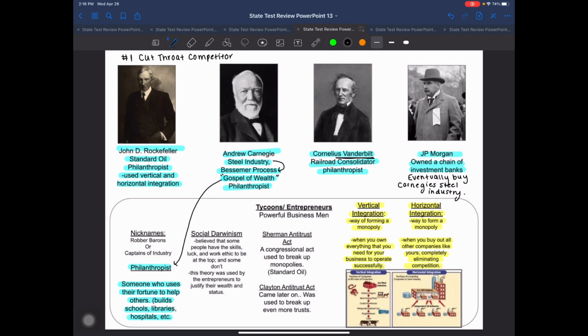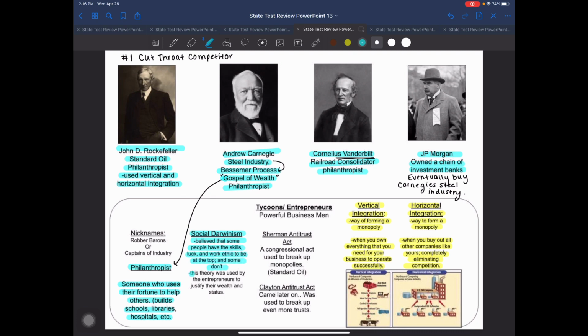Things that he did that, to be honest with you, if you were him, it kind of just seemed like, hey, I can do this, so I'm going to. But to other people, especially the smaller oil companies that were being taken out of business because of him, this wasn't necessarily fair, all right? And on those same lines here, this is kind of where we get this theory called social Darwinism.